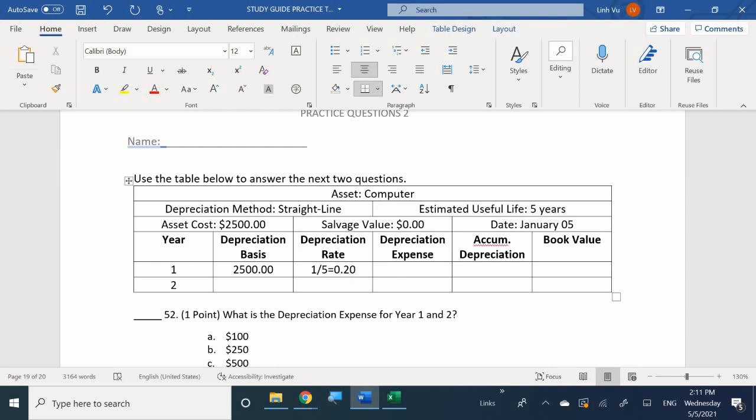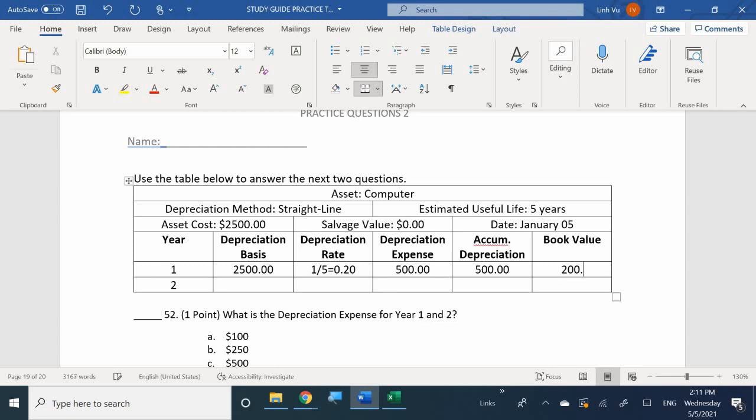Therefore, what is my depreciation expense? $500. So my accumulated depreciation for the first year is $500. And therefore, that makes my book value what?